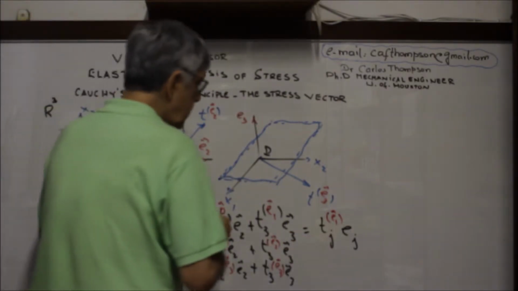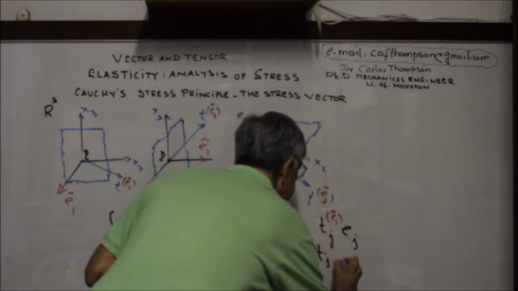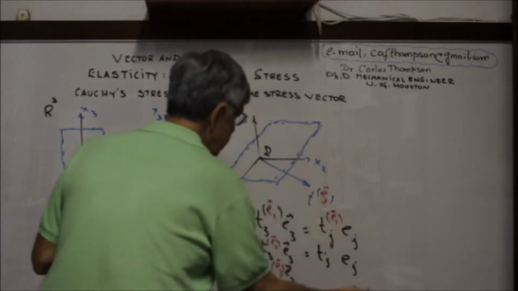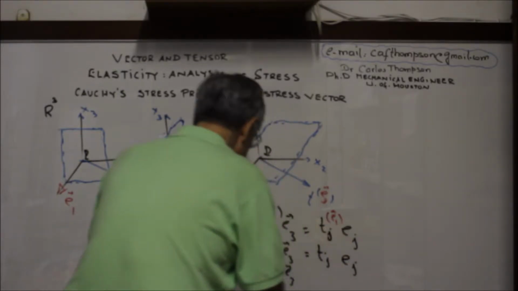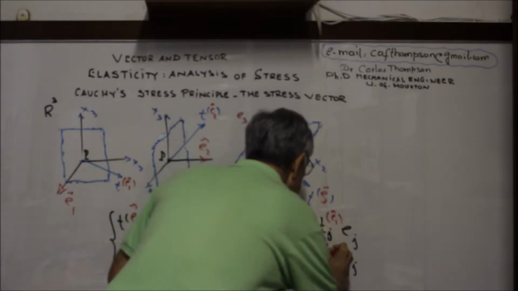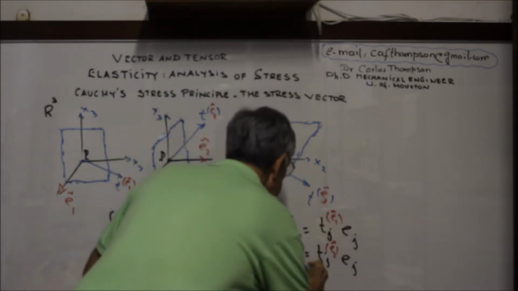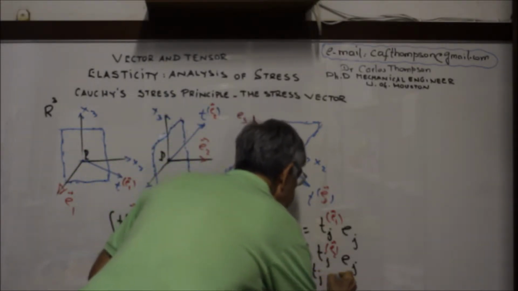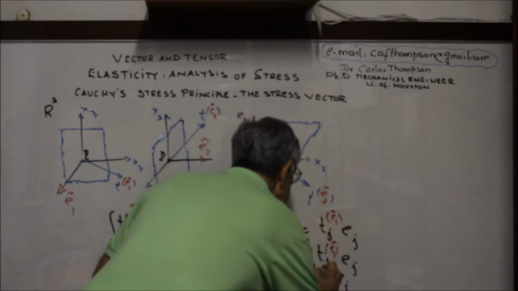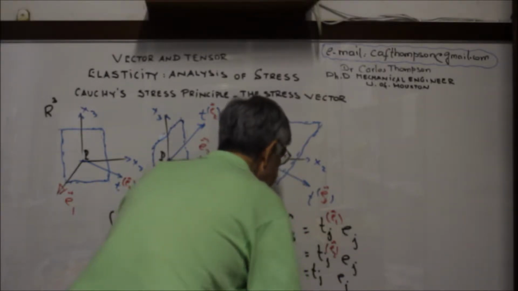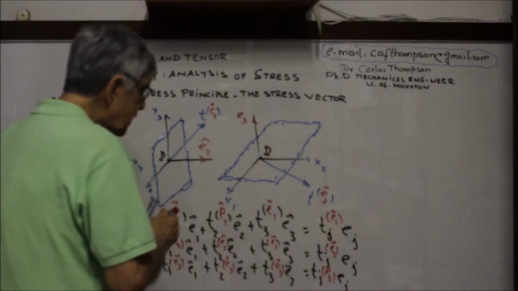Now let's put the j over here. Now here will be E2, here is Tj Ej. Now here will be E3.